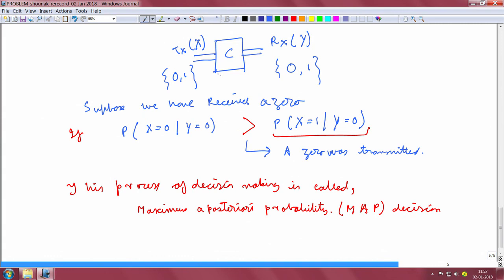The probability that we calculate is based on what the channel is. If the channel is an AWGN channel, we will have a normal distribution. If it is something else, like a standard BSC channel, we will have a different mean and variance, or whatever the given distribution is. I am not explicitly mentioning the distribution here. This is how we make a decision in the MAP process.